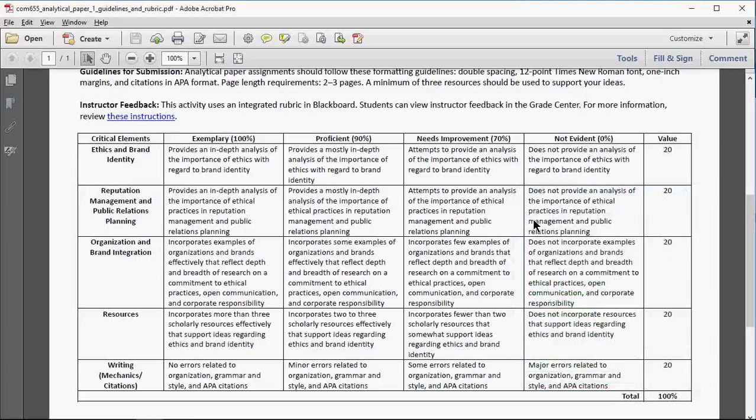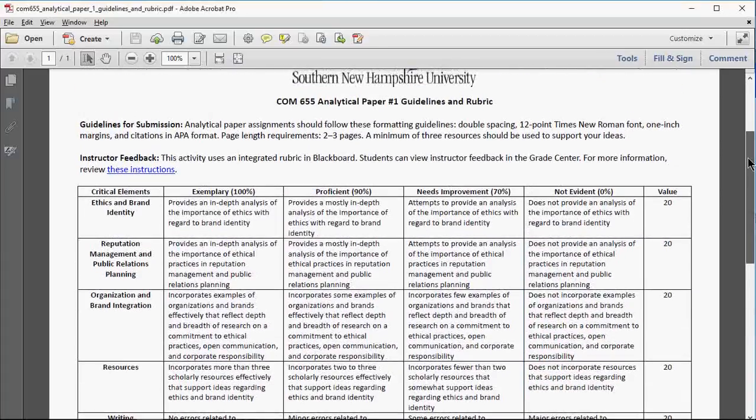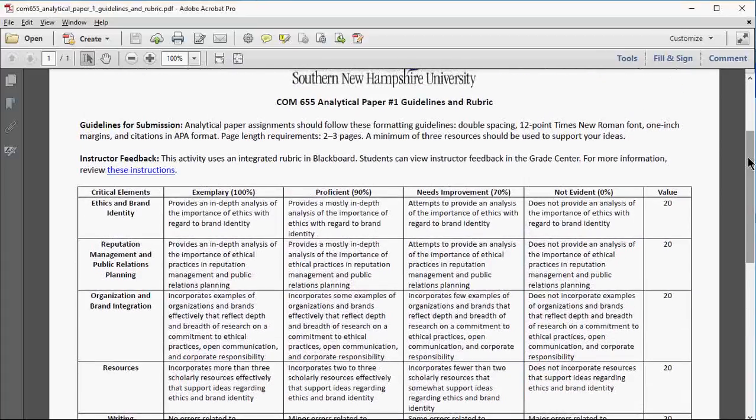I want to provide you with some guidance on how to figure out exactly what is required for every assignment, every discussion question, every journal entry, every final project for every class that you take at Southern New Hampshire University, including this one that you're in with me.